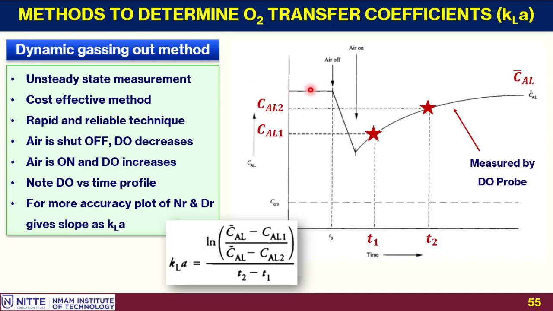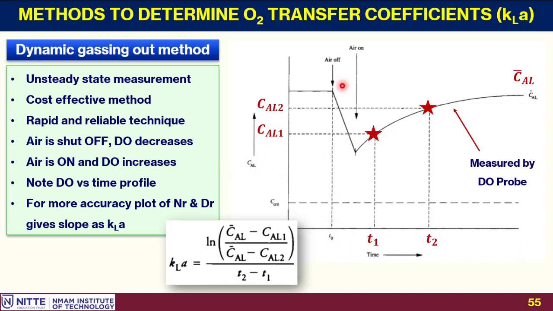Allow the air to flow, and at one particular time, you are going to shut down the supply of air. You have a dissolved oxygen sensor in your system, in the fermentation broth. That dissolved oxygen sensor will record the concentration as a function of time.